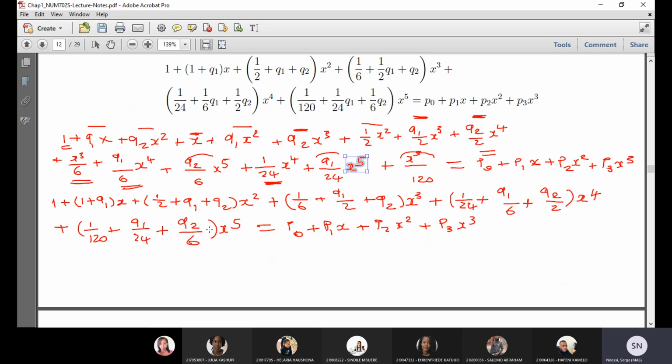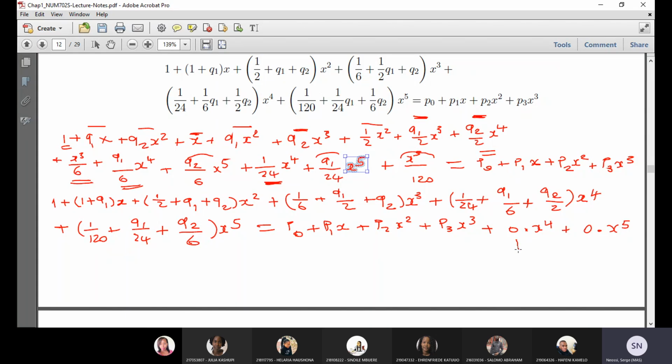Now this is a polynomial of degree 5, and this is a polynomial of degree 3. So if we want to equate two polynomials of degree 5, we can extend this. So this will be 0 times x to the 4th plus 0 times x to the 5th.